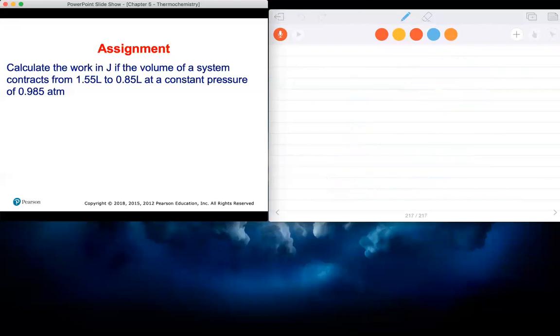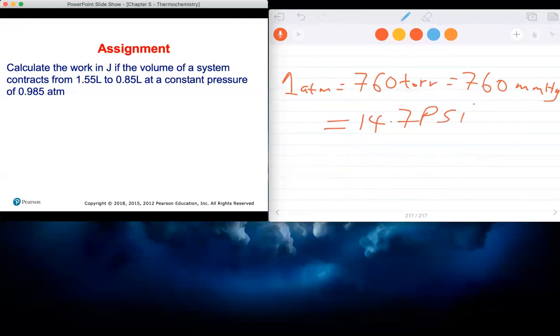I don't know if you'll be expected to remember from Introduction to Chemistry that 1 atmosphere equals 760 torr, equals 760 millimeters of mercury, which equals 14.7 psi. These are just equivalent statements for converting the pressure to atmosphere. So depending on the units, you got to know that.